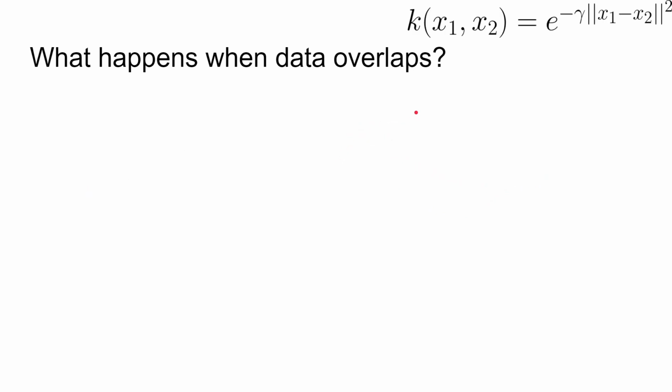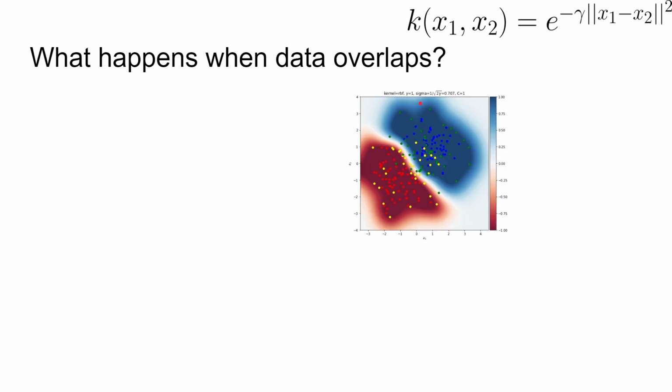Well, there are a couple of free parameters in this algorithm. But let's leave everything at the default right now. We've got two free parameters to worry about at the moment. One of them is this gamma, so how spread out is this Gaussian.